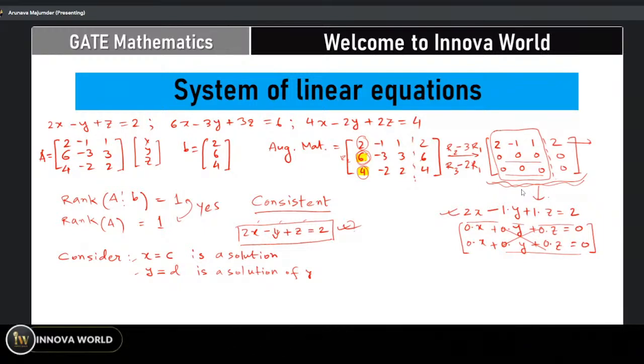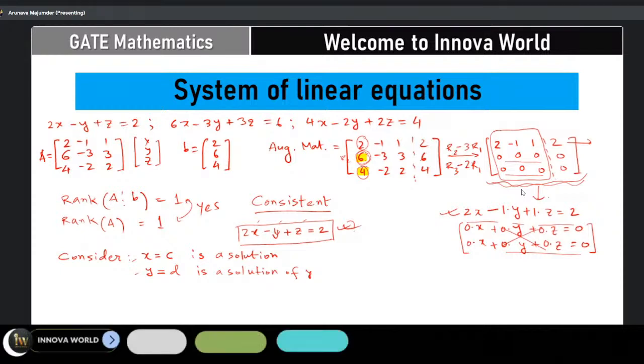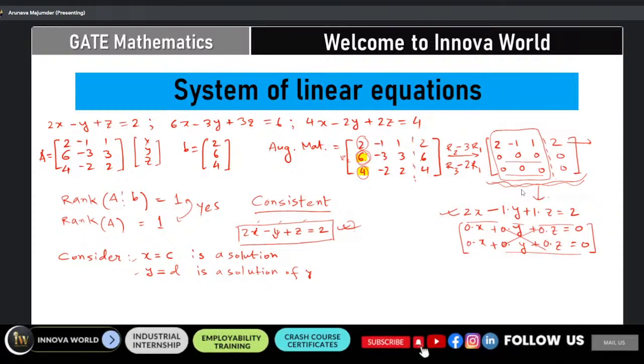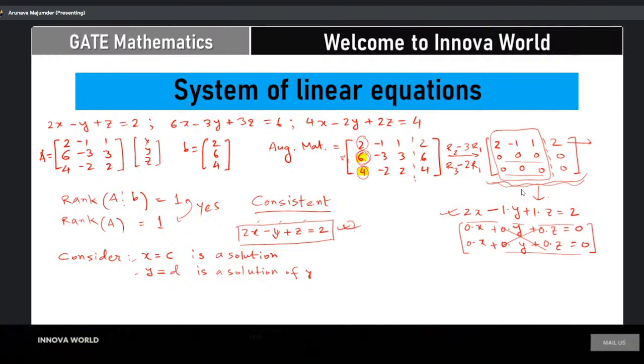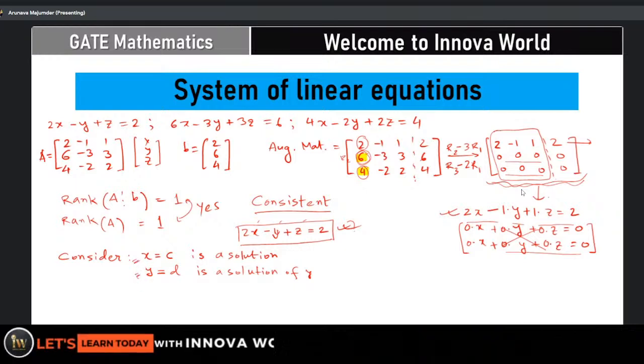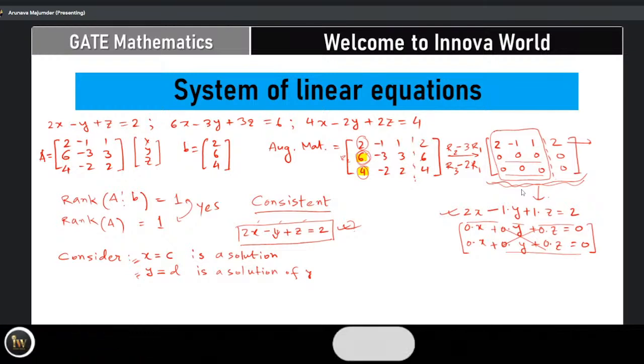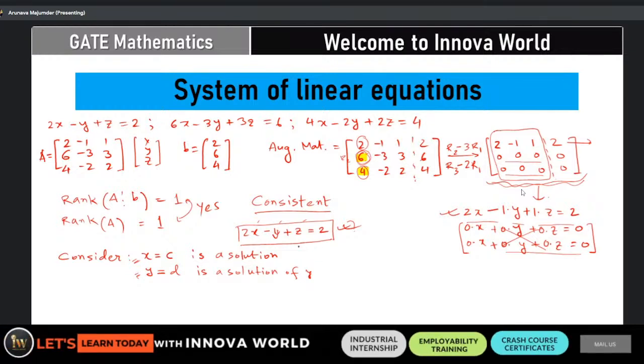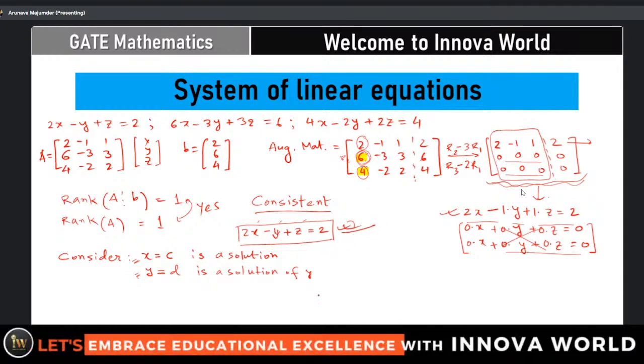Now you can find the value of the third variable, z, by using this equation.